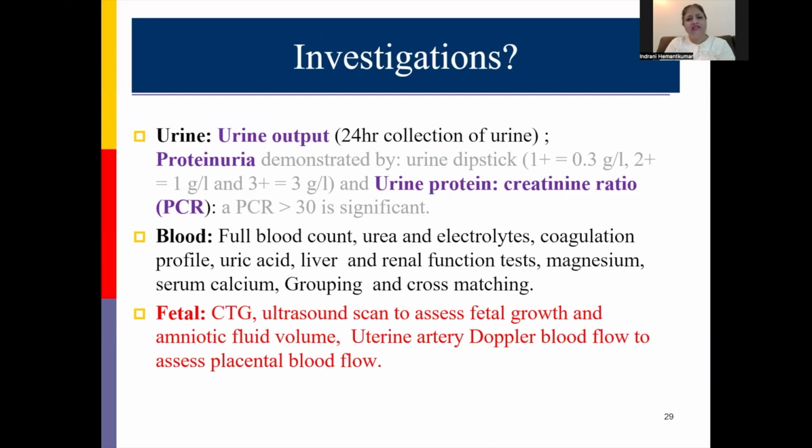So, what are the investigations you have to ask? Urine output, you have to find out proteinuria, urine PCR, you have to do entire blood count, including renal and liver function tests.